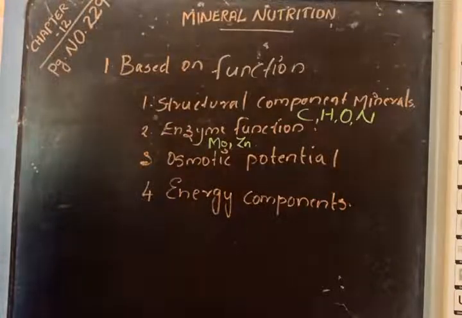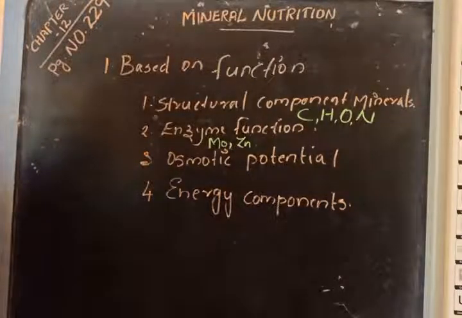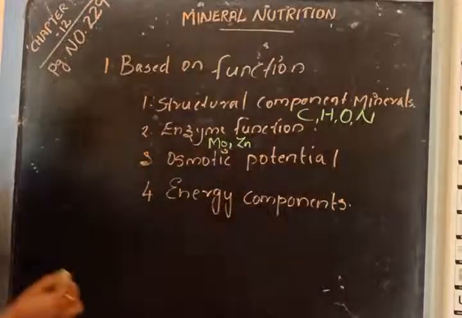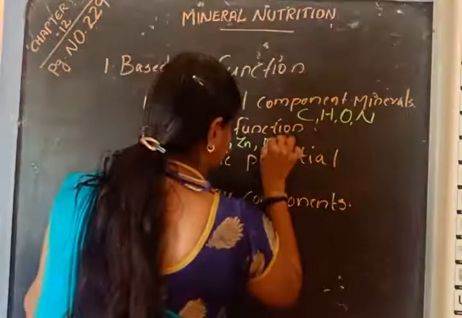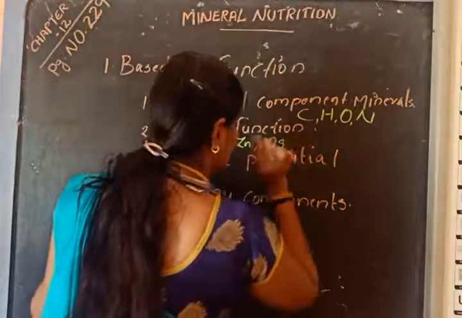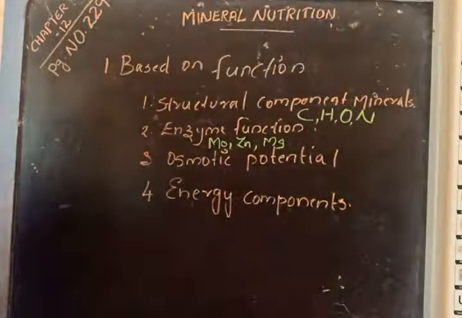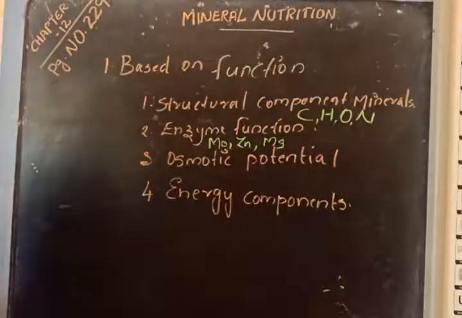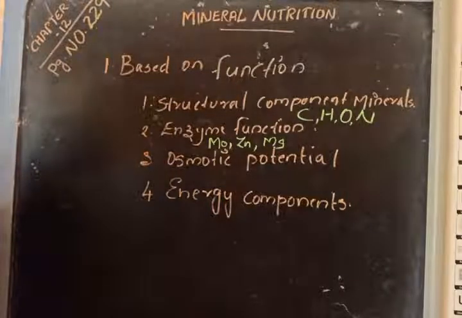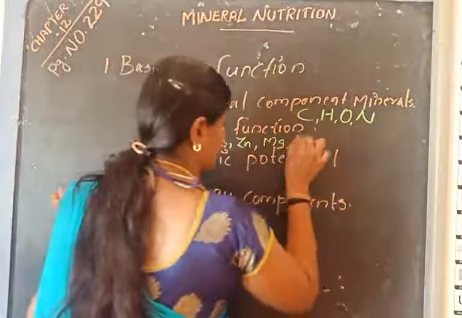Magnesium is another activator, for RuBP carboxylase oxygenase, so Rubisco. They play a role as an activator of the Rubisco enzyme. Then nickel. Nickel is a constituent of urease and hydrogenase. Urease and hydrogenase are two enzymes, and nickel is an important constituent of those enzymes.